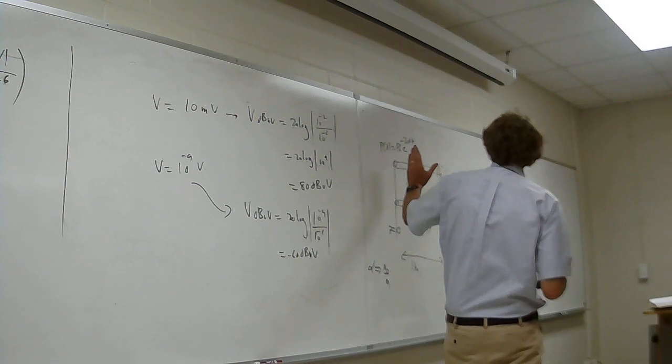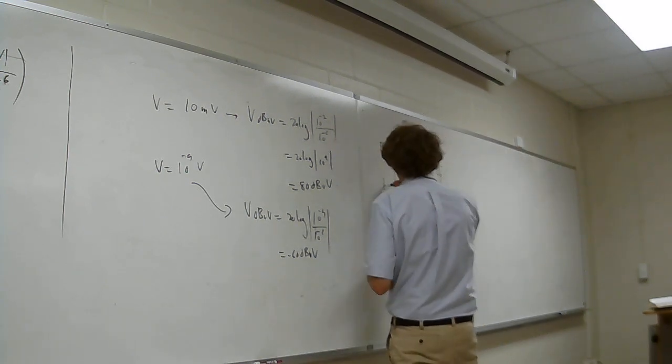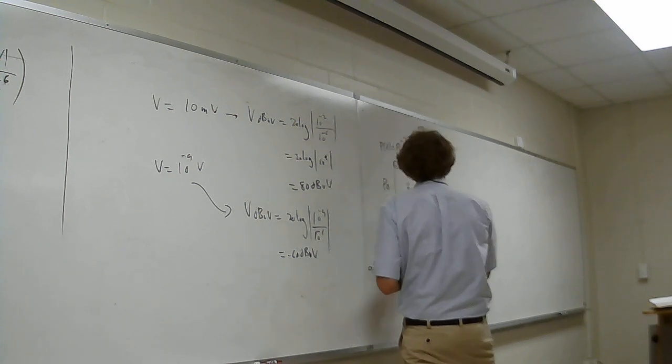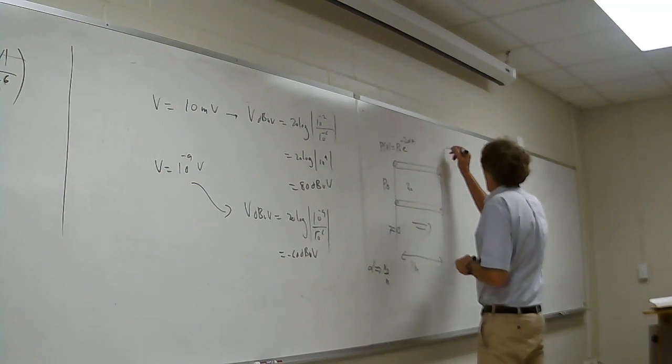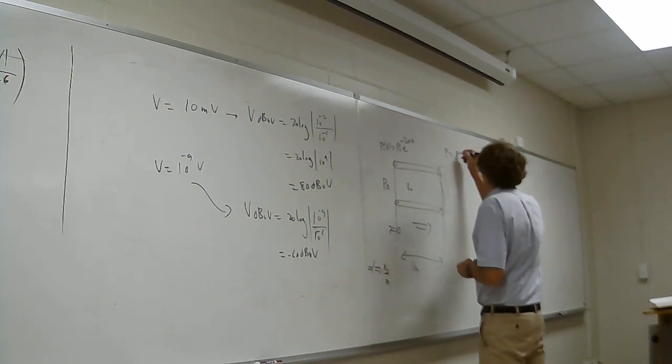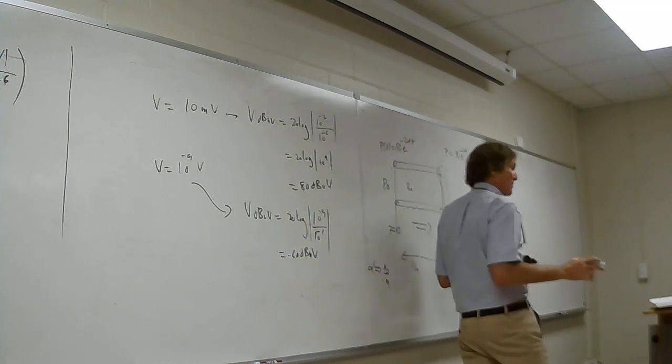So if I have P naught entering here, this would be P naught, right? It's 0 because Z is 0. Then 1 meter down the line, if I say this is 1 meter, I would have a power equal to P0 e to the minus 2 alpha. Y'all follow me in that class?